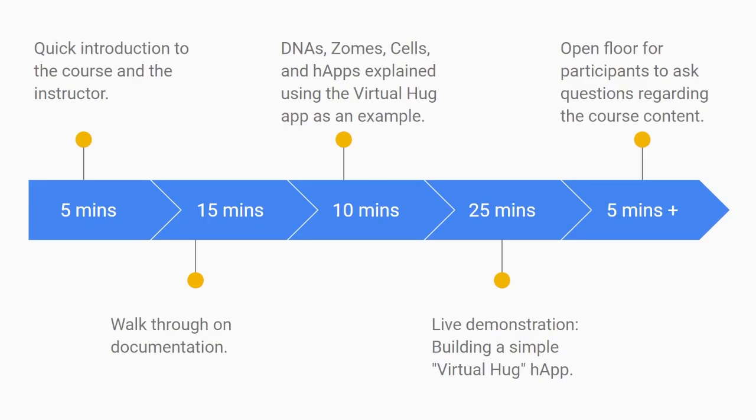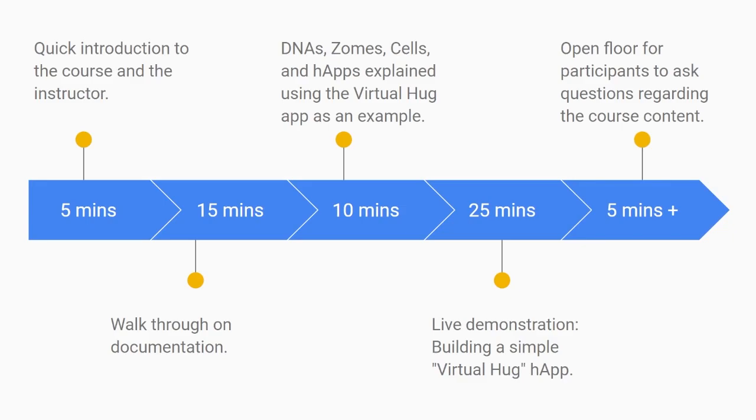And then the next 15 minutes is going to be a walk through the documentation. Holochain has pretty good documentation, very detailed. We probably won't go through all of it, but we'll hop around the main parts.